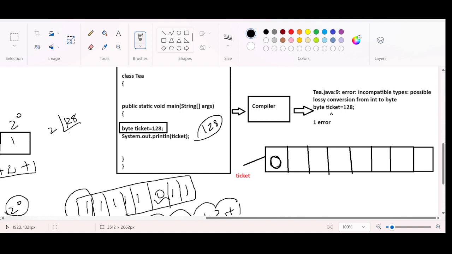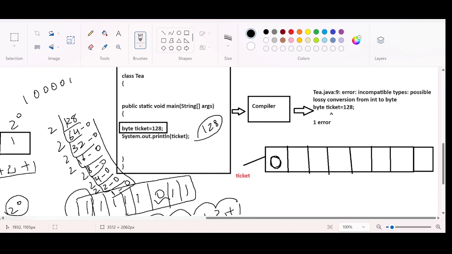Going through the powers of 2: 2^7 gives 1, and the rest, 2^6, 2^5, 2^4, 2^3, 2^2, 2^1, 2^0, are all 0. If I extract this from bottom to top, we get 1 followed by 7 zeros.